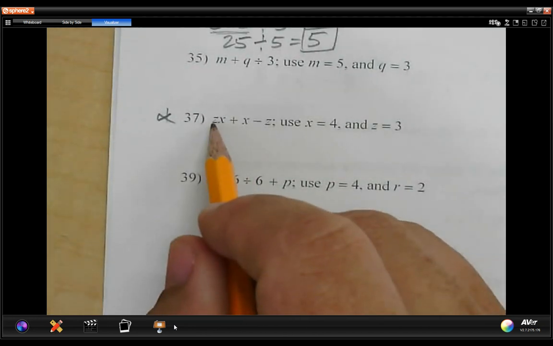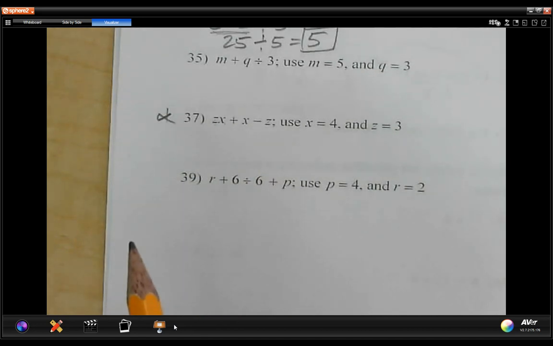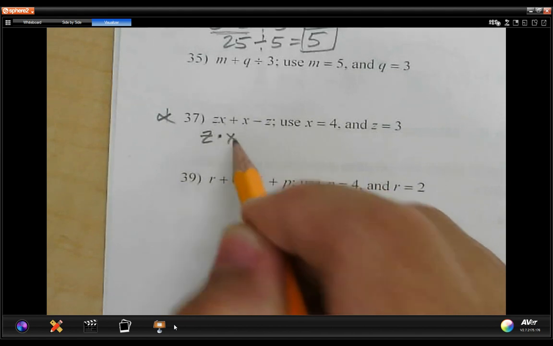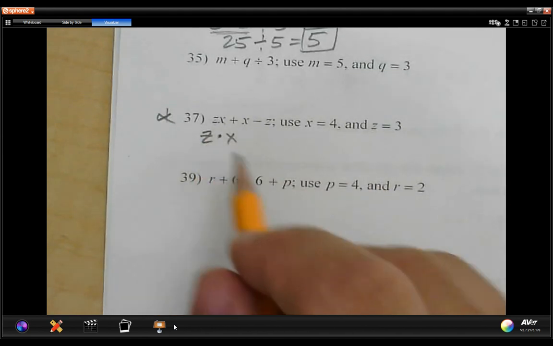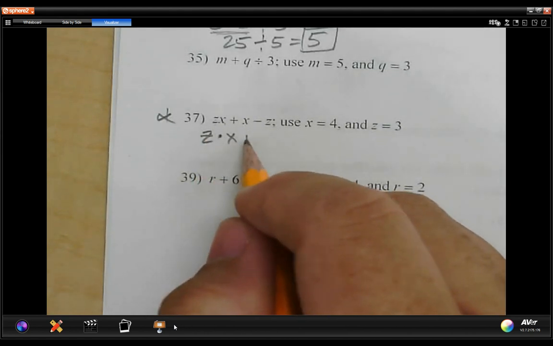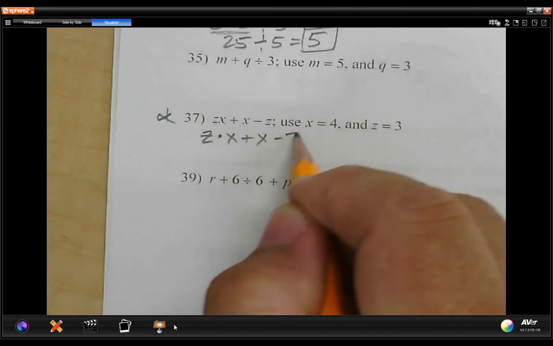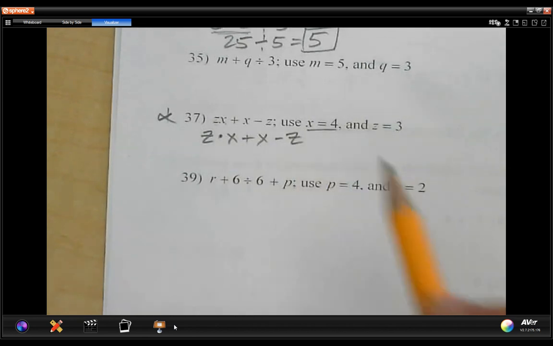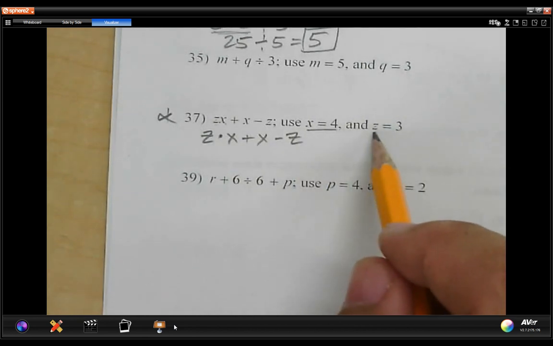Again, what does it mean when you have two variables right side by side? It means multiplication. So really I have z times x. I put a little line through those so you know it's not a 2. Plus x minus z. And again, it tells me I'm going to use x equals 4 and z equals 3.